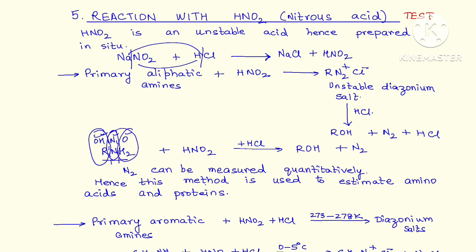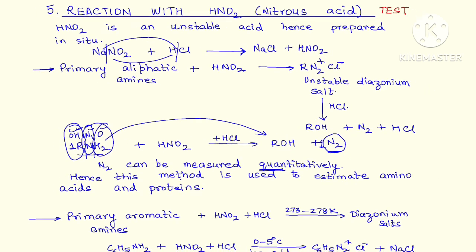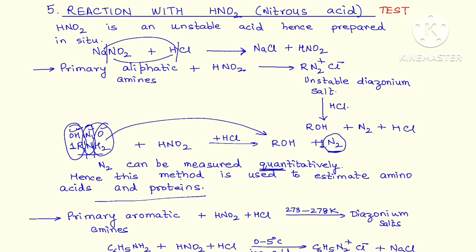So it is a reaction which can be used to convert primary amines to alcohols. Also notice that the gas being liberated over here is nitrogen, and we get quantitative values. So 1 mole of amine is giving me 1 mole of nitrogen. Hence, this is a method which is used to estimate amino acids and proteins.